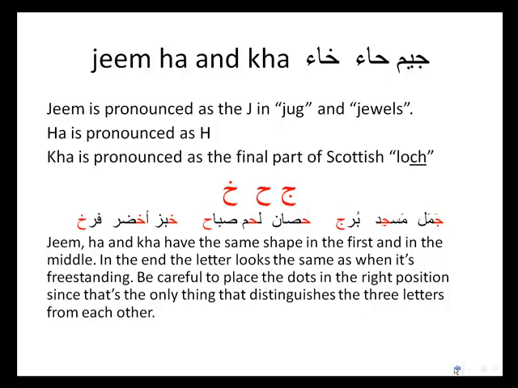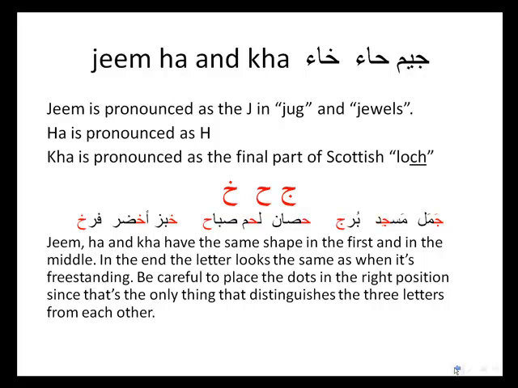The first three letters that we're going to look at are Jim, Ha, and Cha. Jim is pronounced like J in jug or jewels. Ha is pronounced as H, but a bit heavier than we're used to pronouncing it, further down from the lungs.